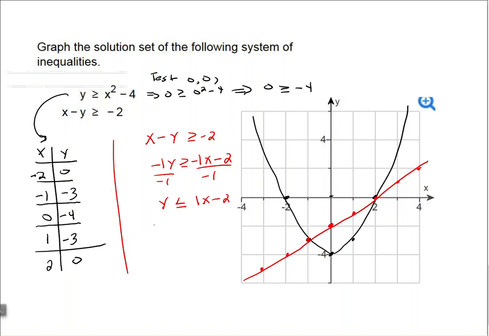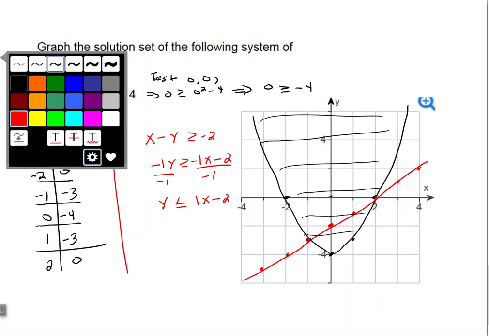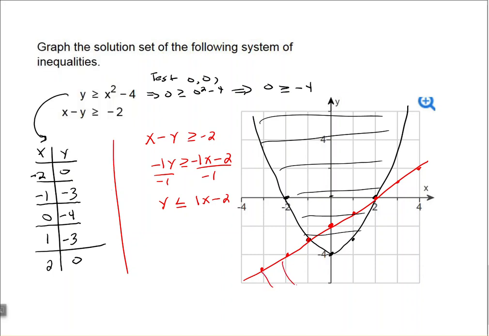Now, for y is less than or equal to 1x minus 2, I know I'm shading below that. So for the parabola, I would shade here. For my red line, for my linear equation, I would shade here.